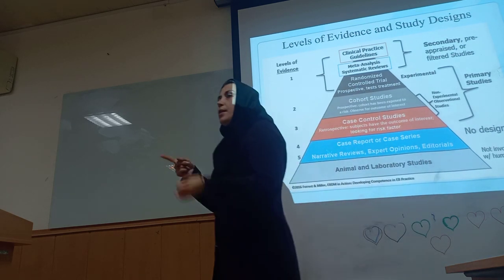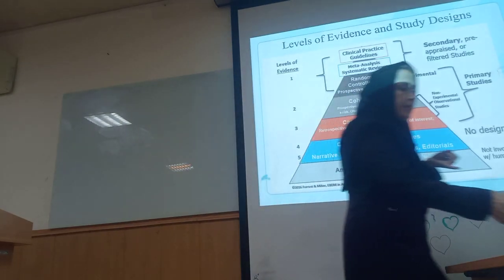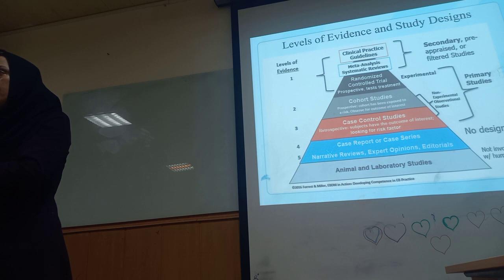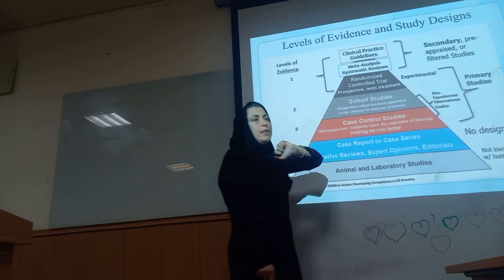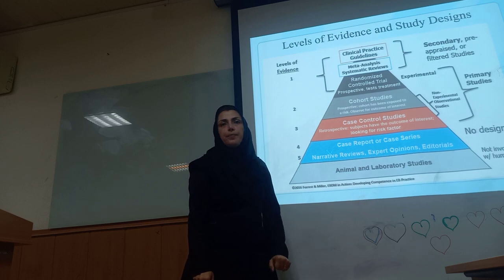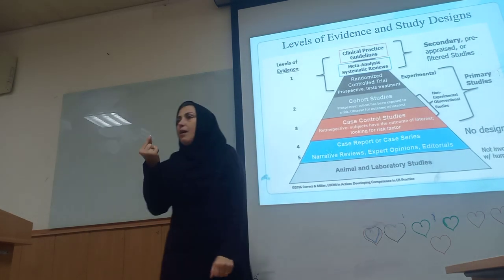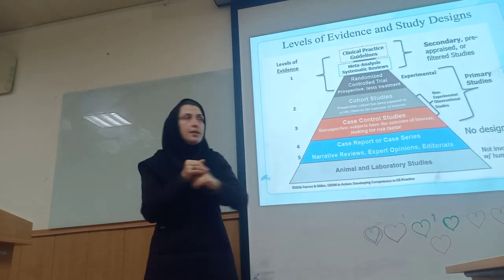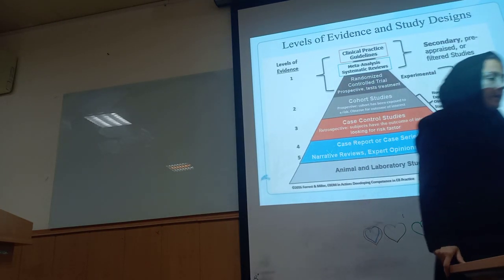We have case control studies. Among these three types of observational study, cohort study has the highest level of evidence. It means that the strongest level of evidence among observational studies comes from cohort study.